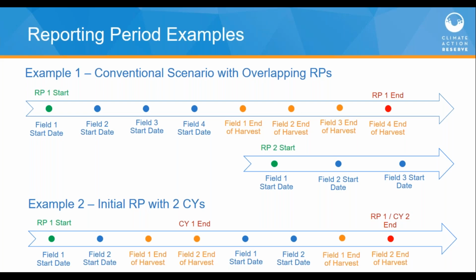So you can see here in this first example that the second reporting period has actually begun before the first one has even ended. And then to give an example of what it might look like if project developers choose for the initial reporting period to have 2 cultivation years, you can see that even though the first cultivation year ends, the reporting period has not, and so it just goes further until the end of harvest of that second cultivation year.